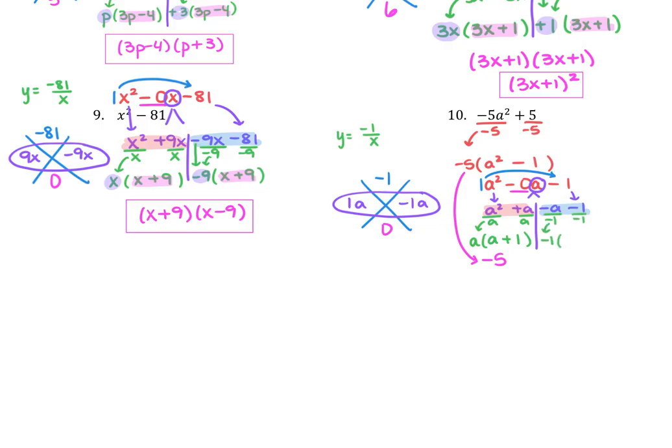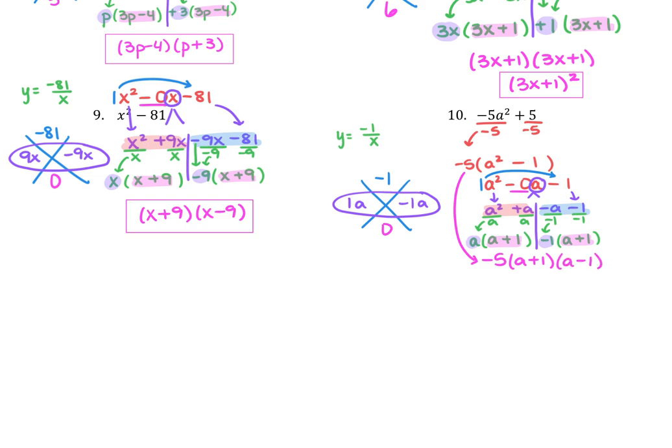Put that out in front of my parentheses. Negative a divided by negative 1 leaves me a positive a, and negative 1 divided by negative 1 leaves me a positive 1. Now I see that these two parentheses match, so that gives me that first binomial of a plus 1, and then I take my leftovers of a minus 1 to make up my second binomial.